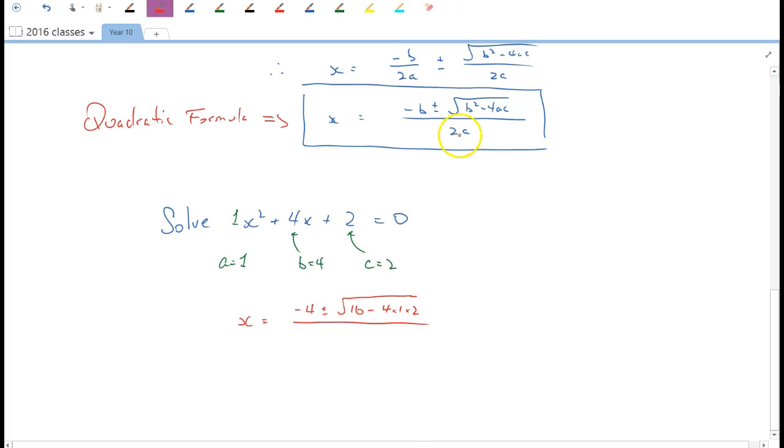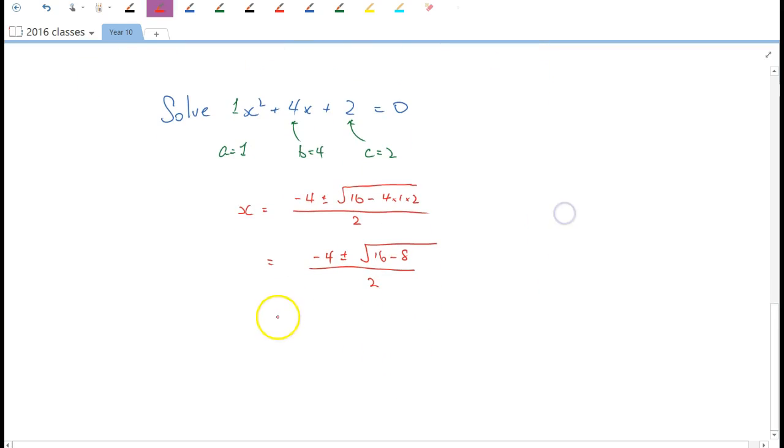I'll come back and work that out in a minute. 2a is 2 times a, which is 2. Let's just figure out what is under the square root sign. It's 16 minus 4 times 1 is 4, times 2 is 8. Obviously, we do that multiplication before we do the subtraction. All over 2. We've now got minus 4 plus or minus the square root of 8 over 2.